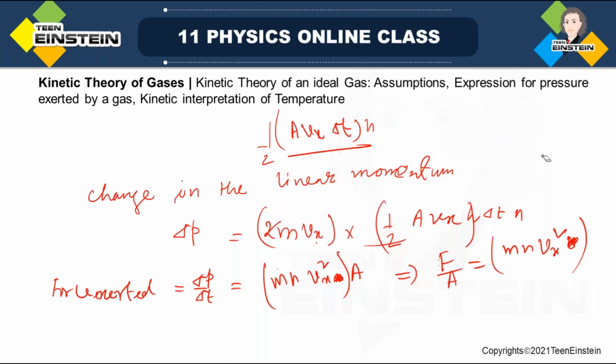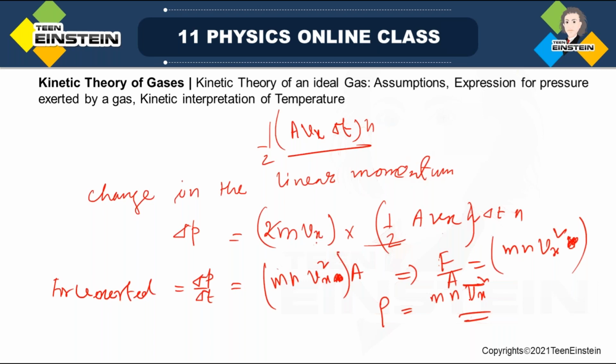That's why we can take the average velocity, and hence we are writing the expression that the pressure is m n into Vx squared, and this v you have to take as average v, because all the molecules are not moving with the same velocity.